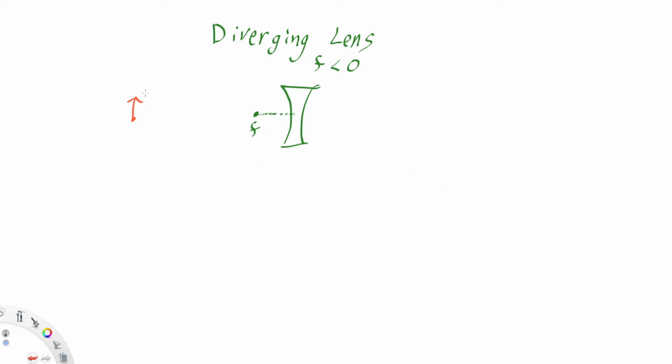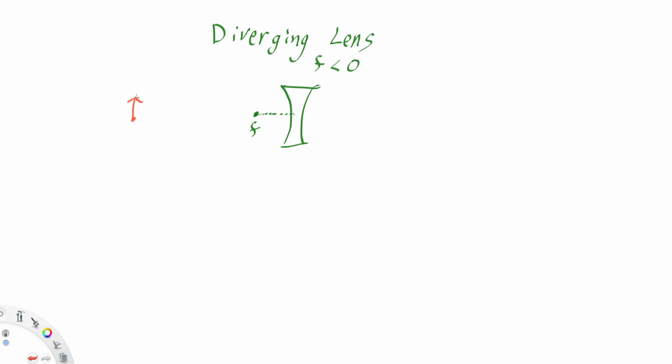But we apply basically the same rules. For the converging lens, if the ray came in parallel to the axis of the lens, it would bend to go through the focal point on the other side of the lens.